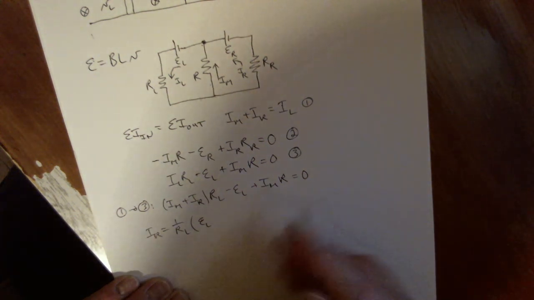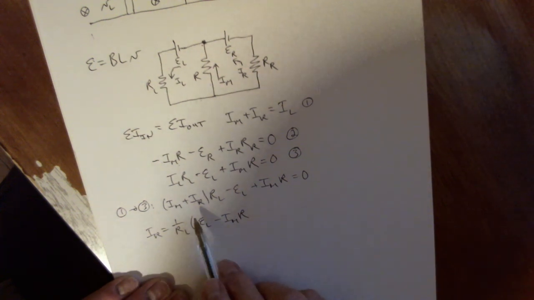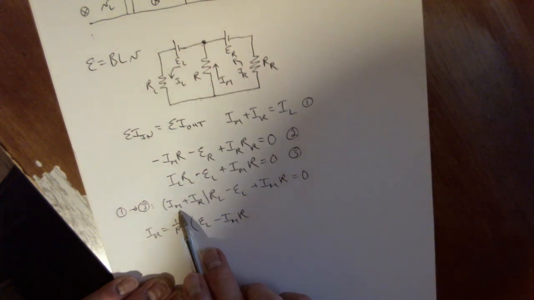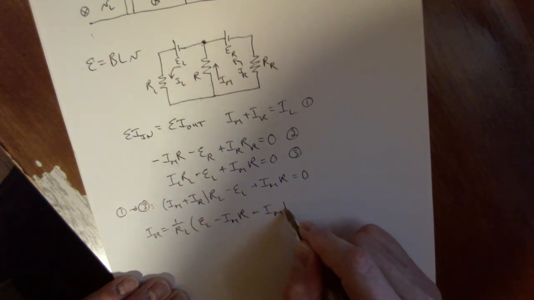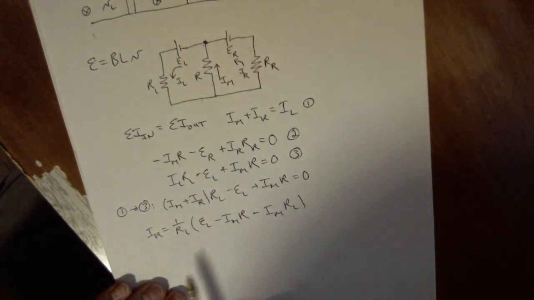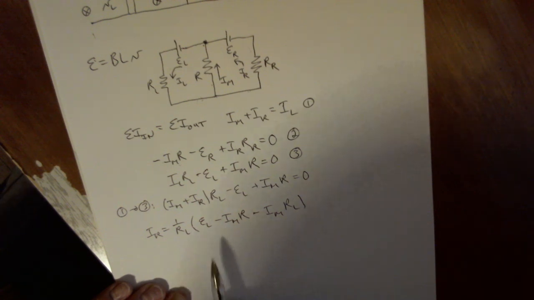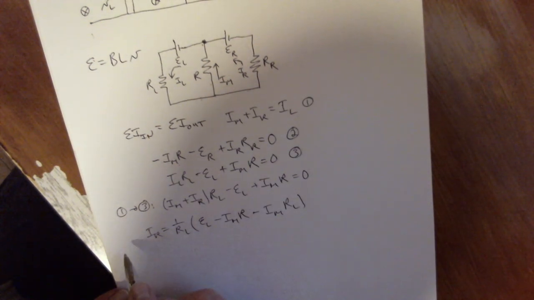Plus this becomes minus I middle R on the right. And I middle plus I middle R left becomes minus I middle R left on the right. And yeah, looks good. And then I plug this into 2.